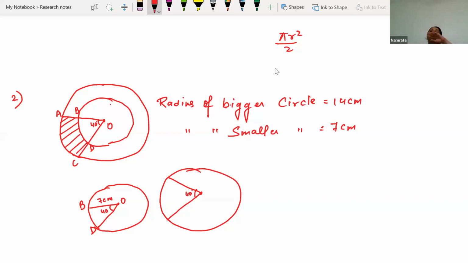Now, to find the area of the shaded portion, can we say from the bigger sector, if we subtract the smaller sector, we will be left with the area of the shaded part, right? So here the name of the bigger sector is OAC.